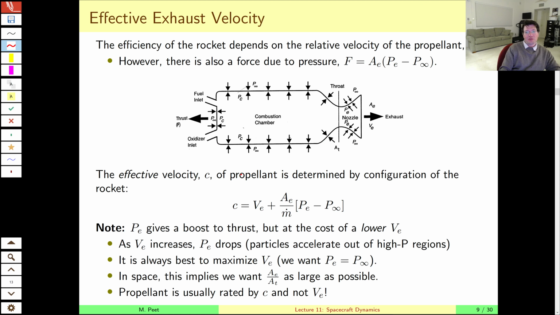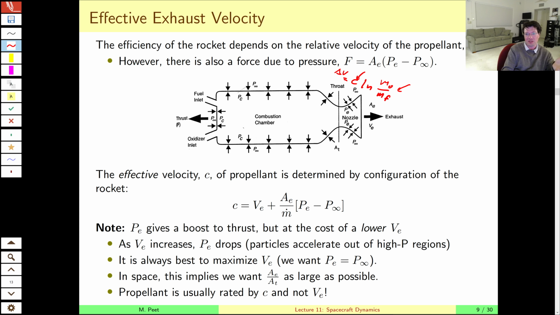So we've talked about the limits of the rocket equation in terms of m naught over m f. Now we'll talk a little bit about the other part of the rocket equation, which is this c term. Now, c, the exhaust velocity, or the speed at which you spit propellant out of the back of the rocket, is in some ways more important than this ratio.